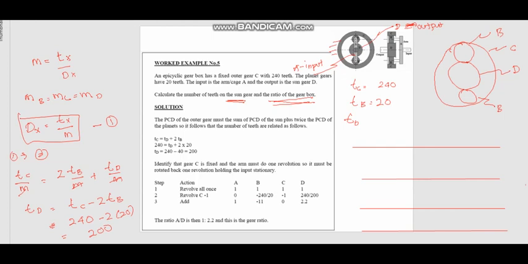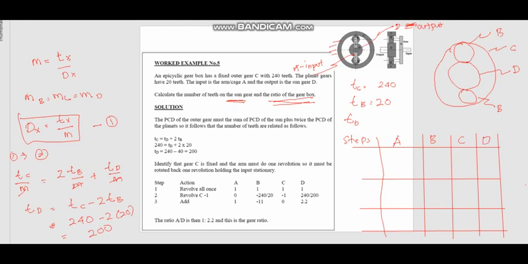So we have the steps, and then we have the gears: the arm A, and then B, C, and D gear.